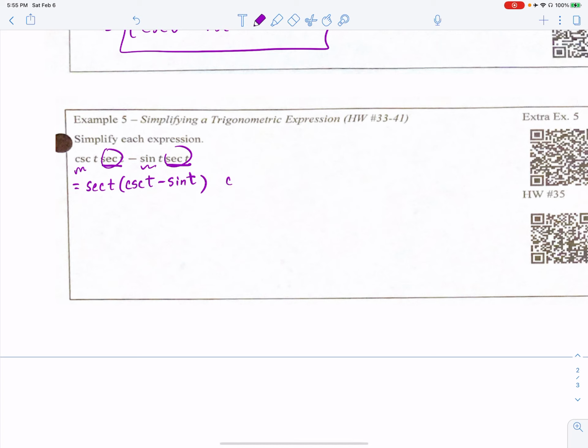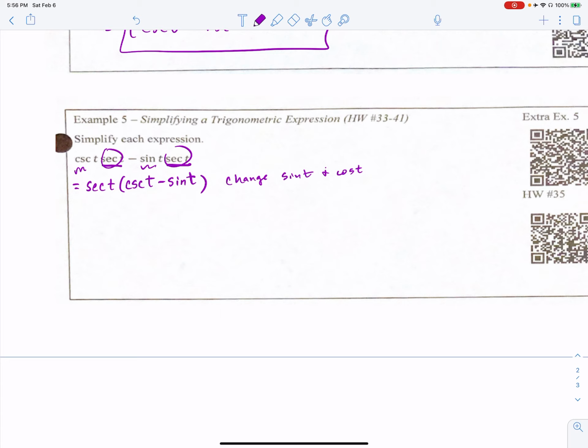Now what I'm going to do is change to sine and cosine t. And part of my thoughts is none of these are squared, so I can't do any replacing with the Pythagorean identities. The Pythagorean identities need things that are squared. I don't have anything squared.